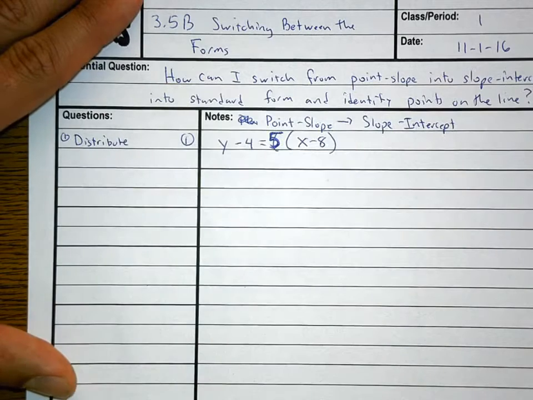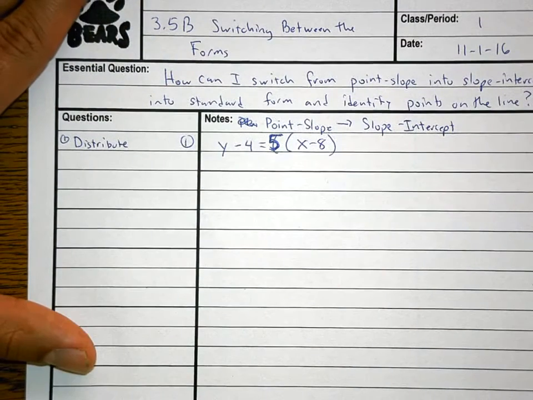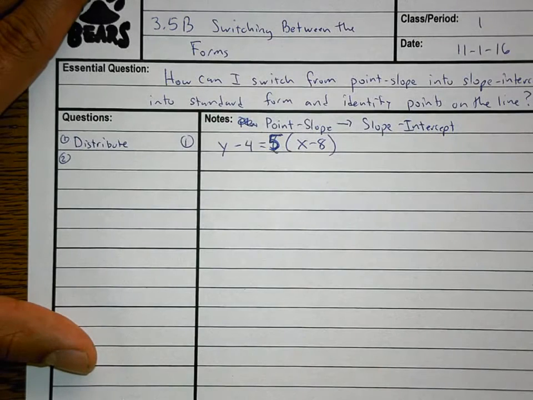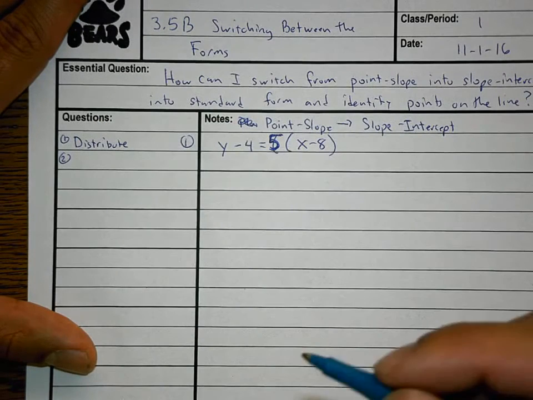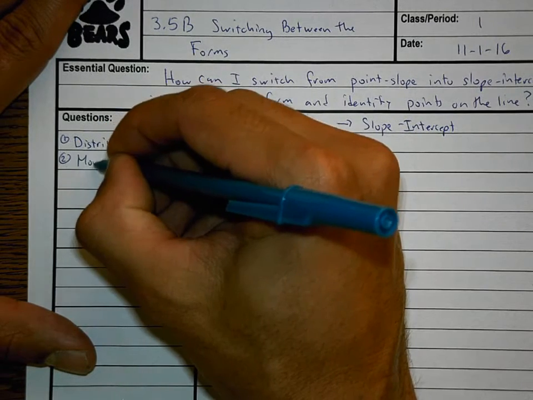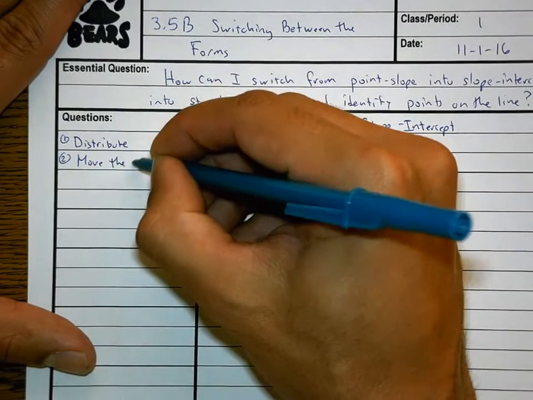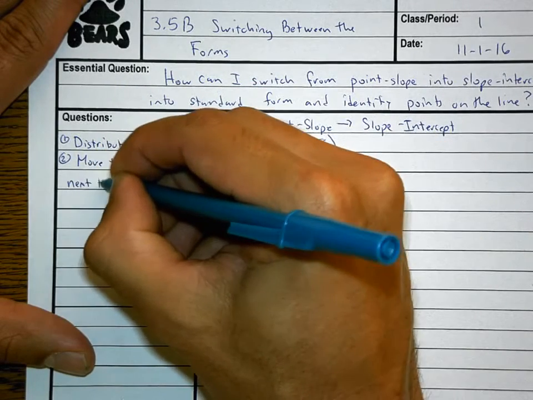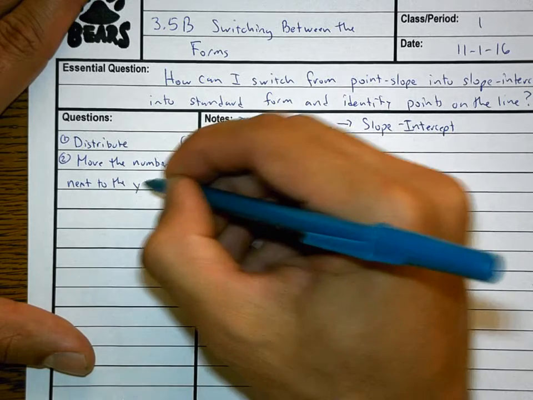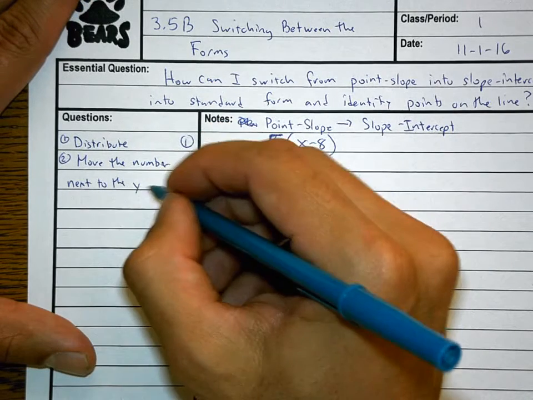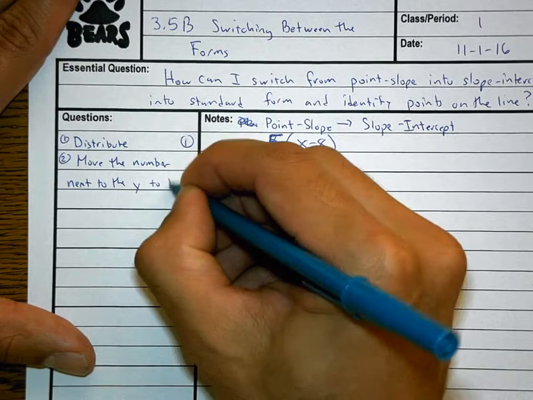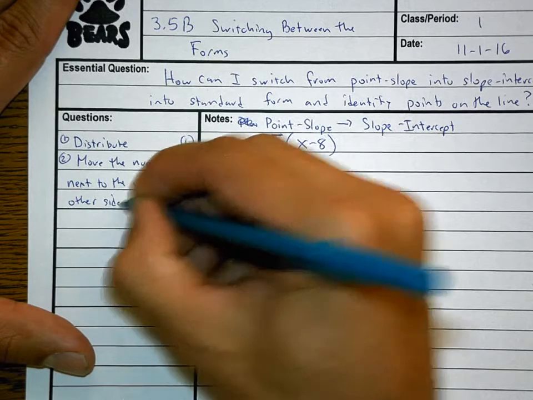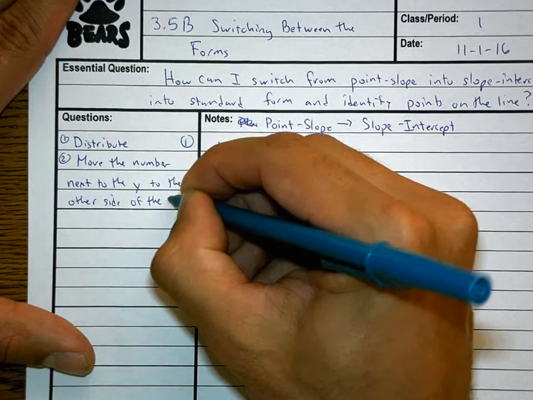Distribute. Second step, move the number next to the y to the other side of the equal sign.